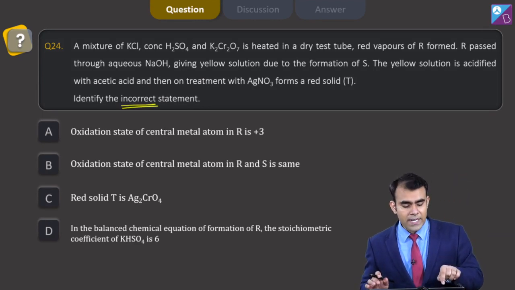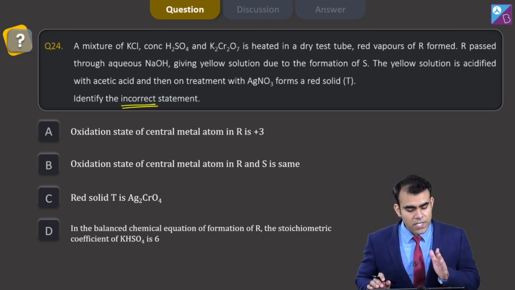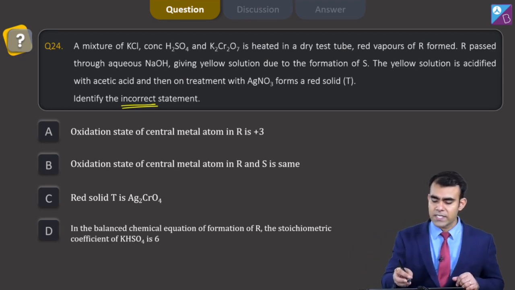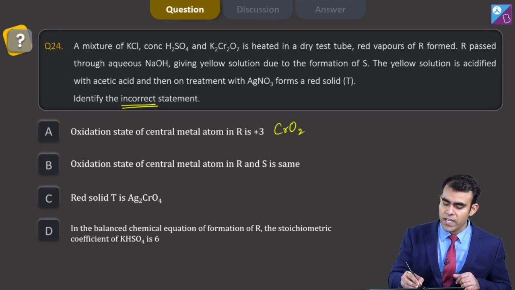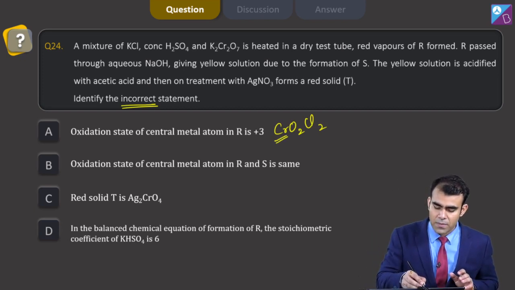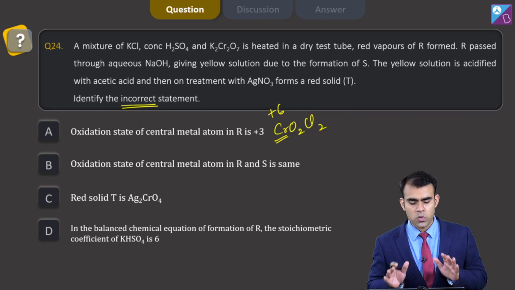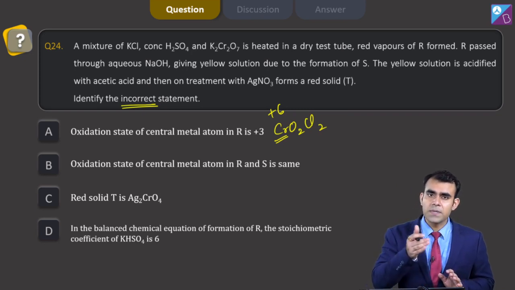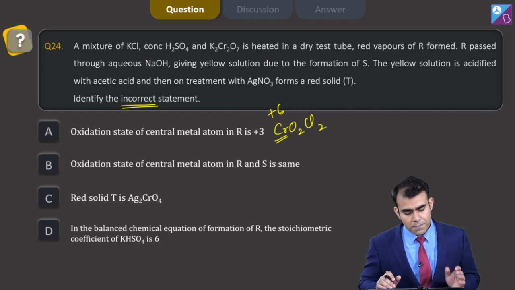So read the question carefully. The first option says the oxidation state of the central metal atom in R is +3. Now R is basically CrO2Cl2, and here the oxidation state of chromium, my central atom, is +6, not +3. So this statement is incorrect. So this will be the answer, but let's go through the other options also.